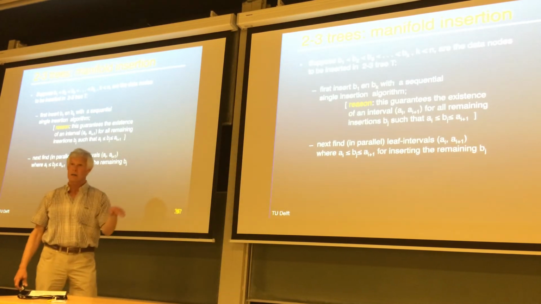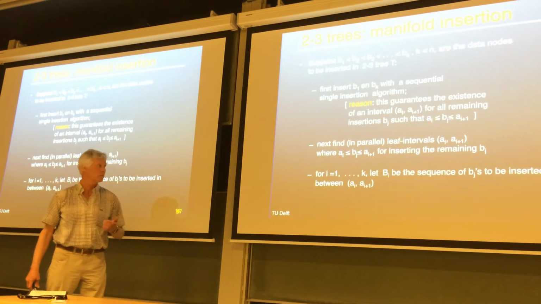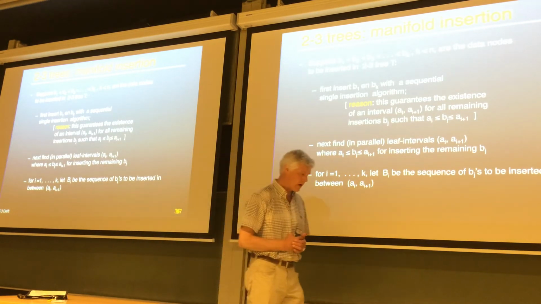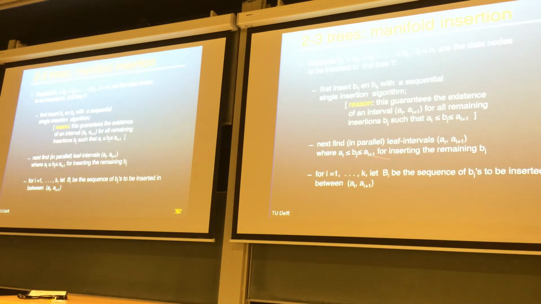And we can do that by parallel lookup in the 2, 3 tree. Now, for I equal 1 to k, let Bi be the sequence of Bj's to be inserted in a given leaf interval AI and AI plus 1.